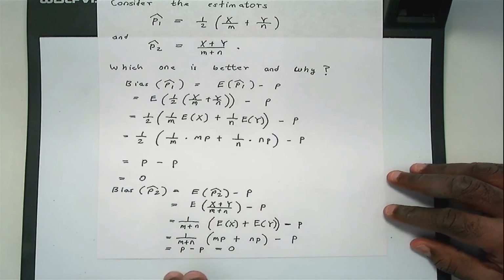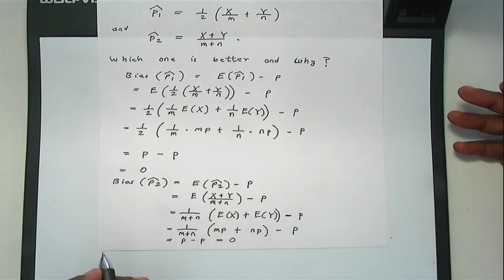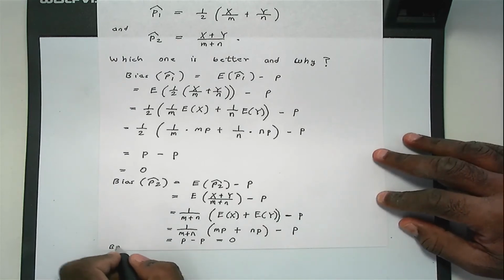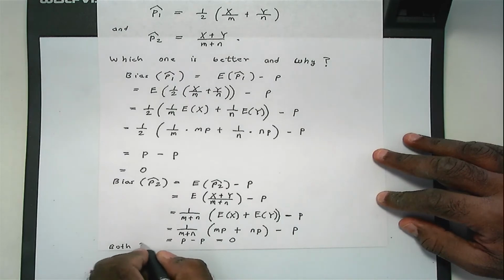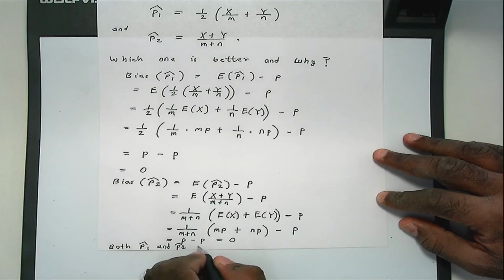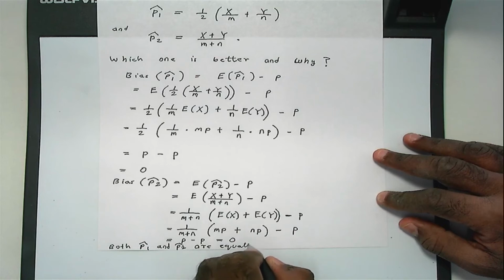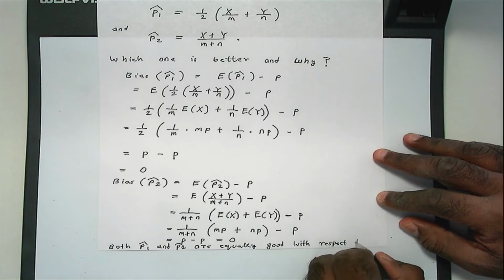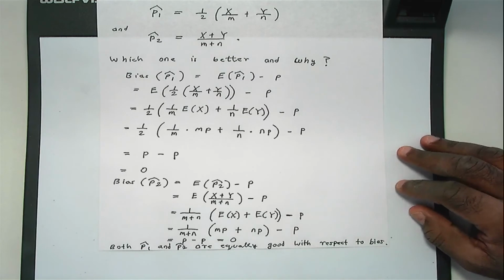So the conclusion that you can make in terms of bias is the following, that both p1 hat and p2 hat are equally good with respect to bias. Right? So that's the conclusion you can make with respect to bias.